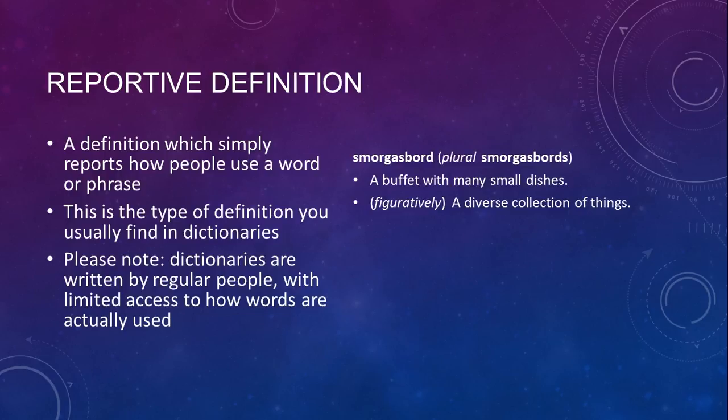They have no privileged access to what the true meaning of words is. And they don't spend two weeks with 12 people sitting around a table debating what a smorgasbord means. It's usually just one person doing their best. So being in a dictionary doesn't make it absolutely correct and beyond disagreement. A smorgasbord is a buffet with many small dishes.